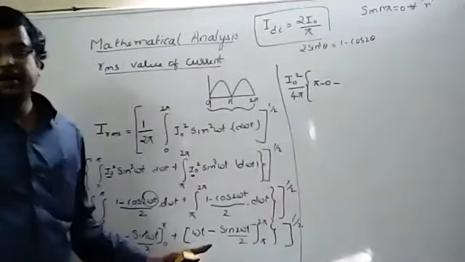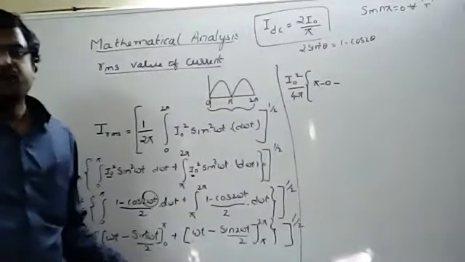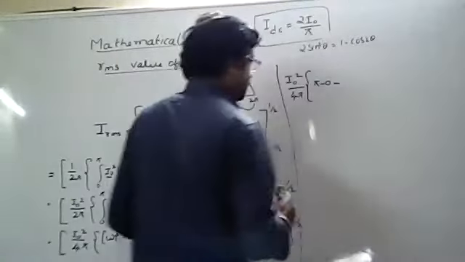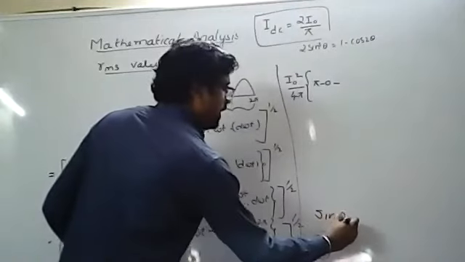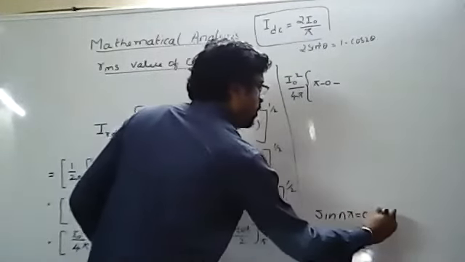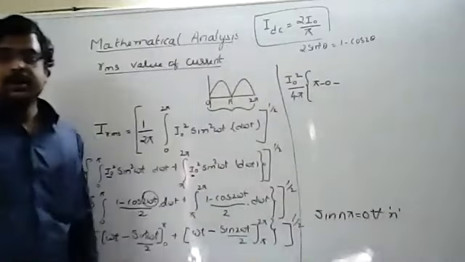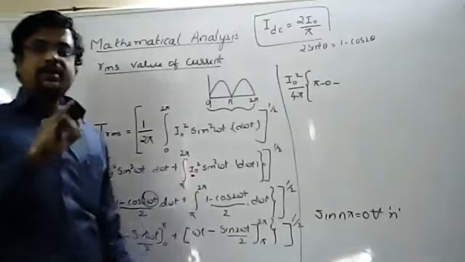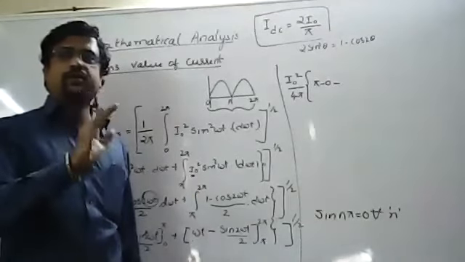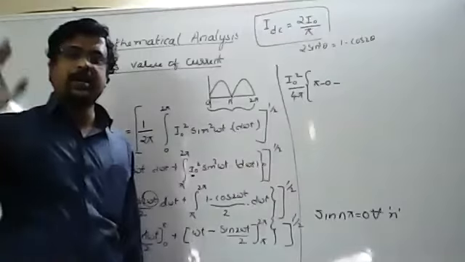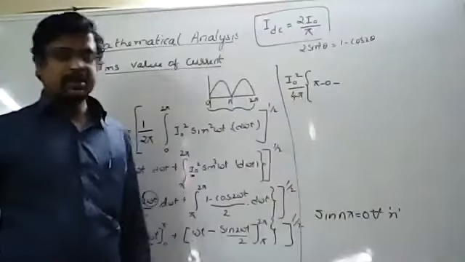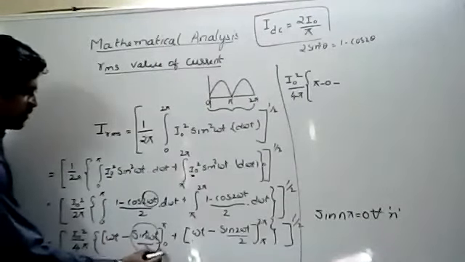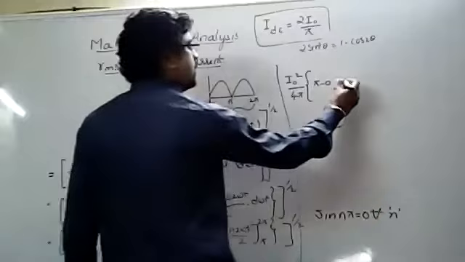If you take all values of n, right from 0, 1, 2, 3, 4, 5 to infinity, for any value of n, the sine value will become 0. So here sine 2 omega t is there, so this will become 0. So I will write 0 here.